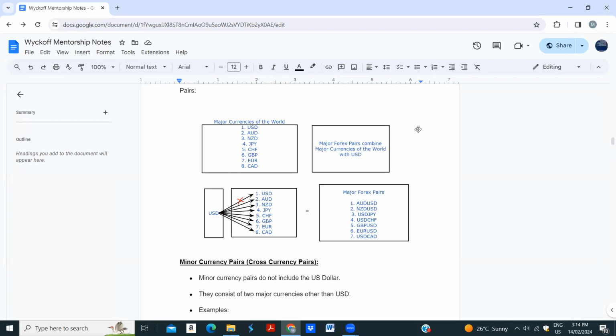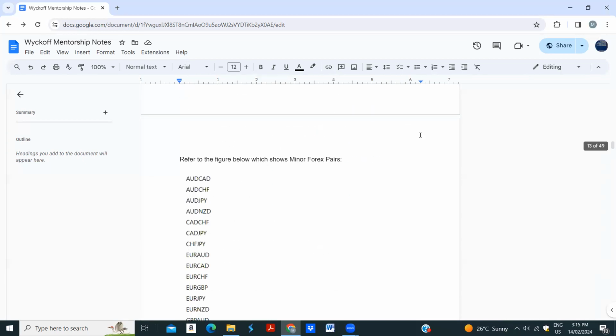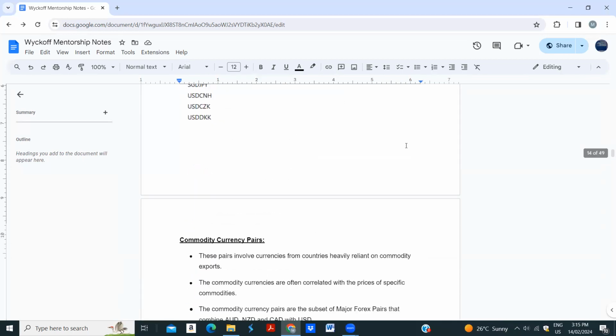For example, MYR, which is Malaysian ringgit, PKR, which is Pakistani rupees, INR, which is Indian rupees, Singapore dollar. So when we combine a major currency and a non-major currency, we get an exotic currency pair. I hope that's very simple now, and you have an idea how this works.